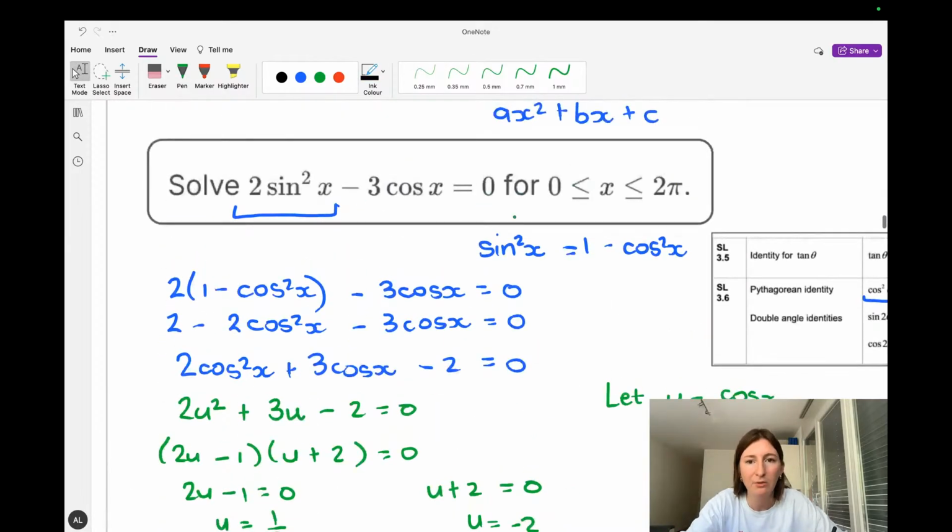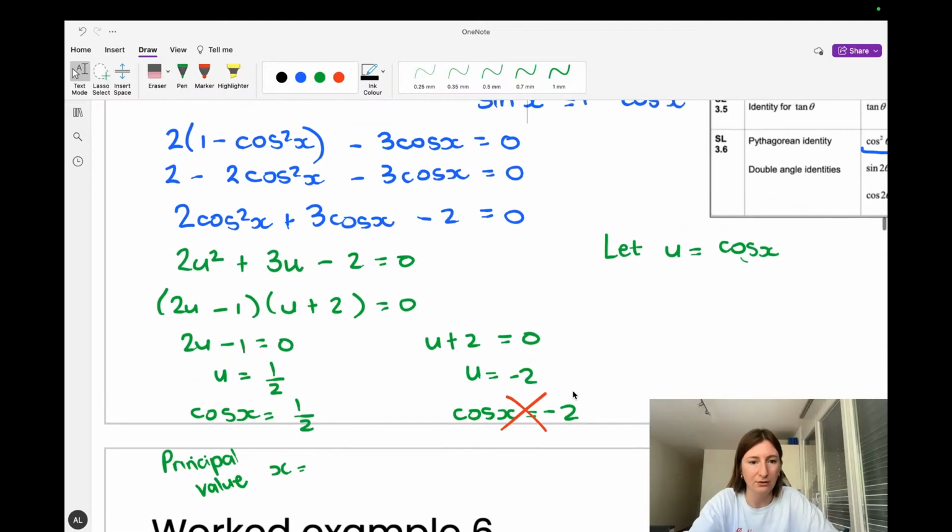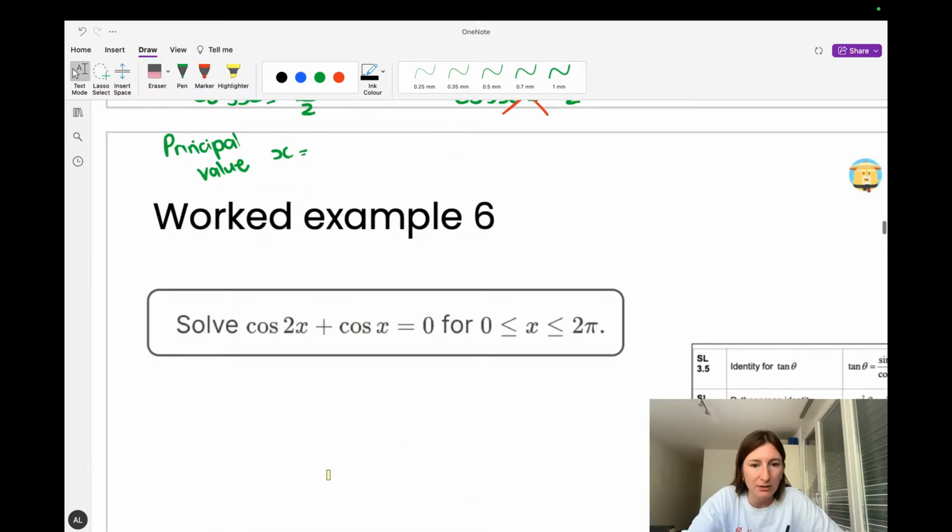The domain was between 0 and 2 pi, which I should follow my own advice and highlight, which is nice because then you won't have to reject solutions or add solutions. So I'm going to leave that one for now. I'll finish it afterwards and upload it. If anyone wants these notes afterwards, just reach out and I will email them to you. But for now, I'm not going to do it just because of time.